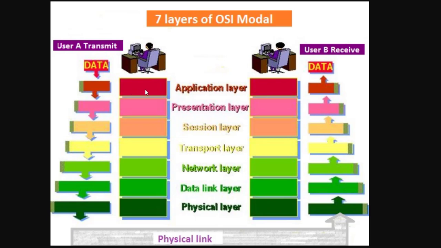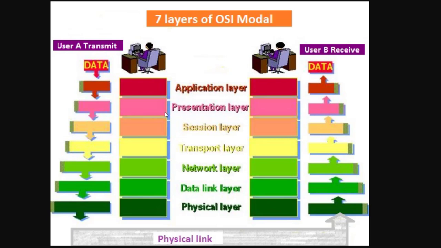From layer 7, the application layer is what actually interacts with the operating system or application whenever the user chooses to transfer files, read messages, or perform other network-related activities.